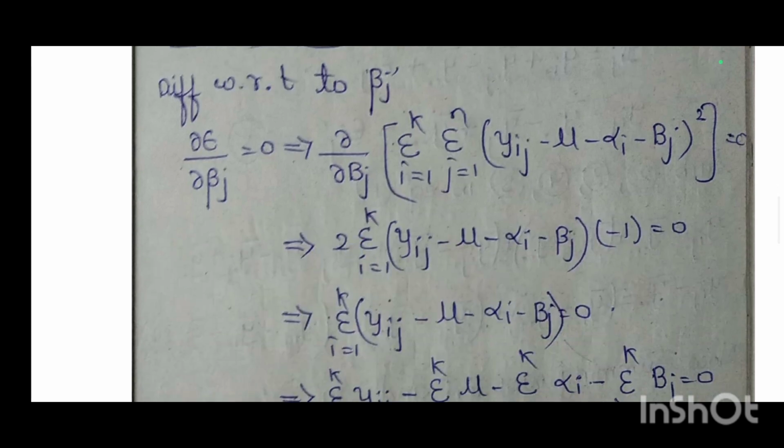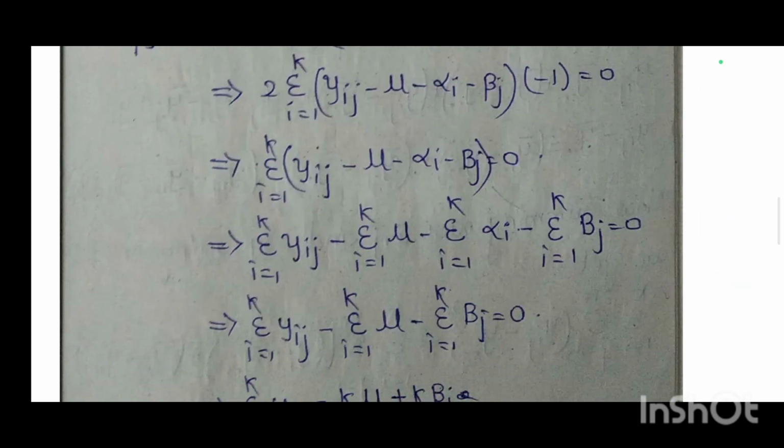Again you have to differentiate with respect to beta j and equate to 0, again applying the simple technique. If we differentiate with respect to beta j, then you can apply the summation of alpha i, where i runs from 1 to k.